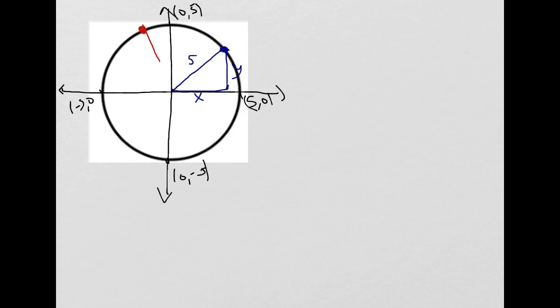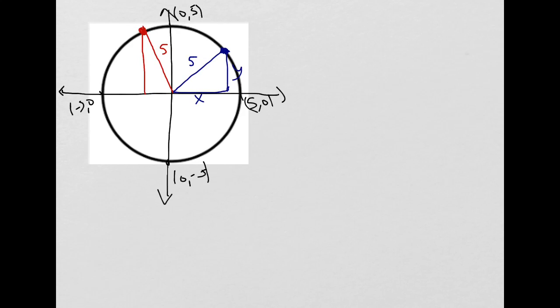So now watch, I'm going to go down like this. What's the length of that? Well, it's a circle of radius 5, so it's 5. Now what I'm going to do is drop a line down, bring a line over like that. Notice this red length is an x value, and this red length here is a y value, and I should mark this as a right triangle.